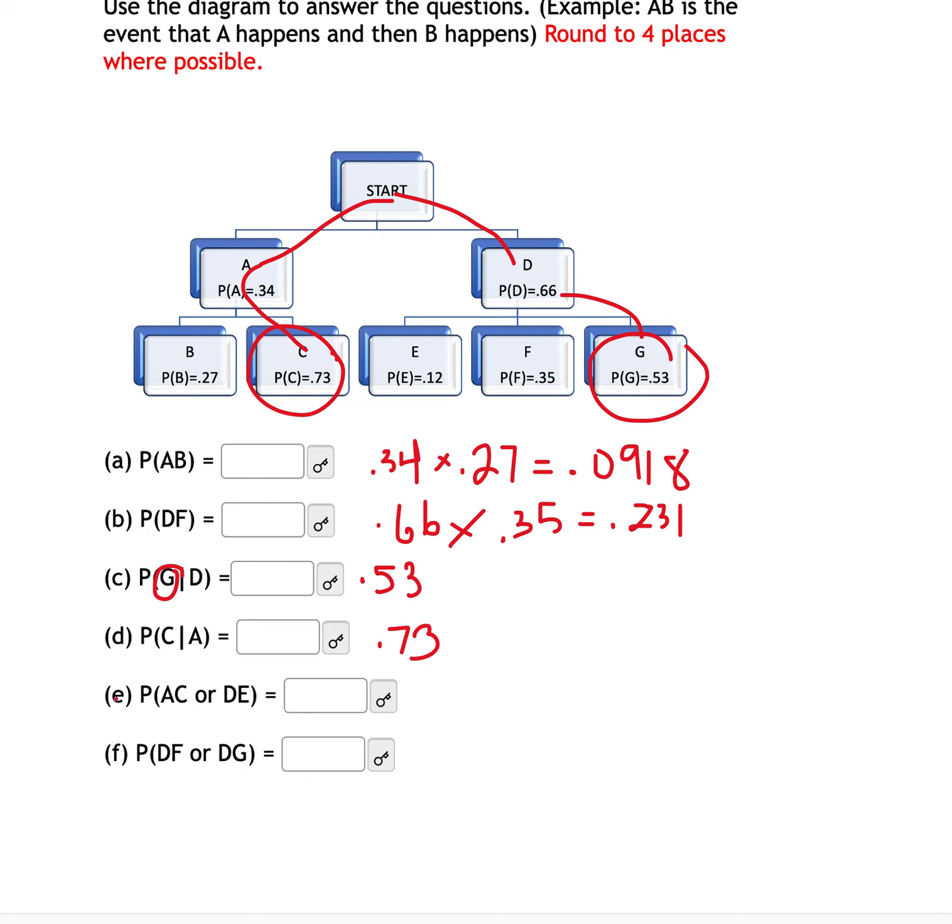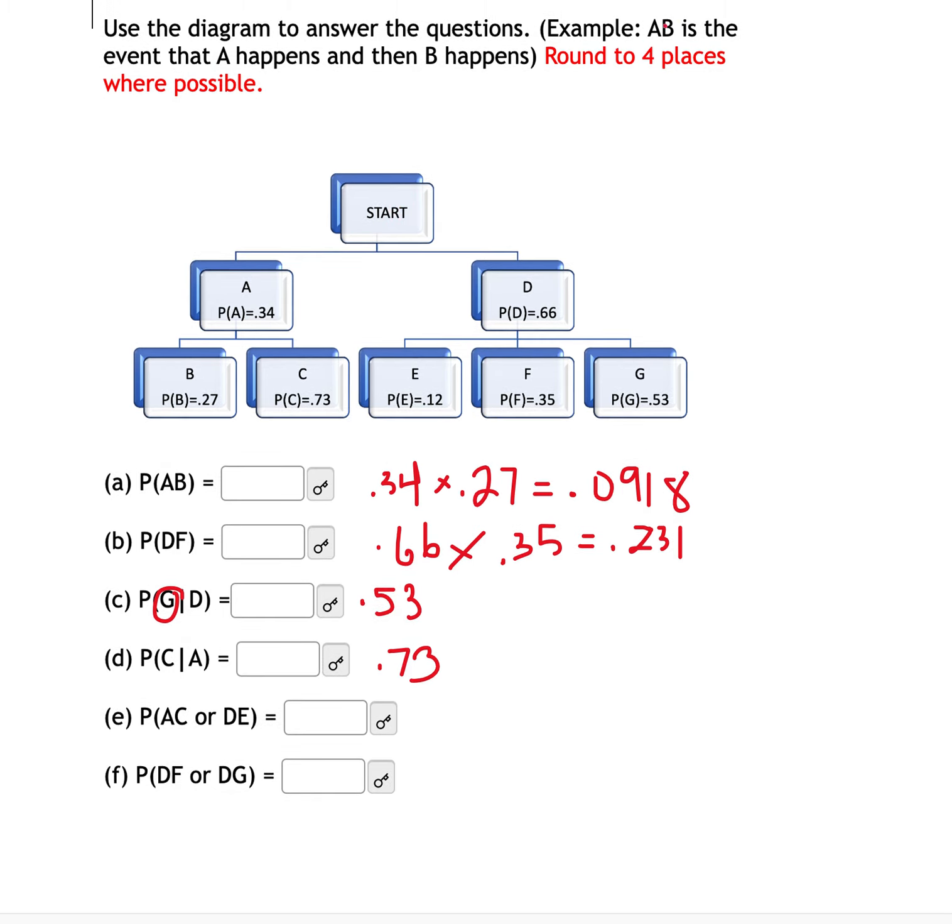Now, for part E, we're going to find the probability of A and C or D and E. Now, AC means, according to this example, A has happened and C has happened. So we're going to follow down the chart, and we're going to find A times C. So that's 0.34 times 0.73.